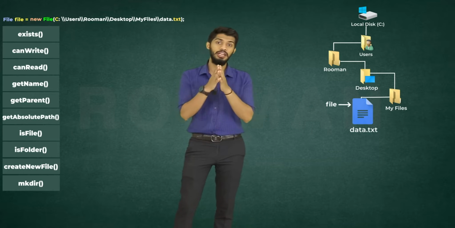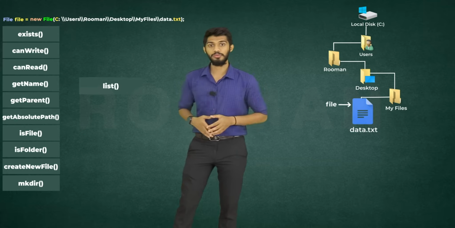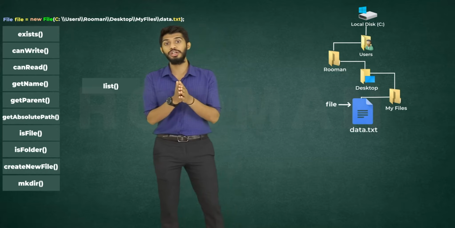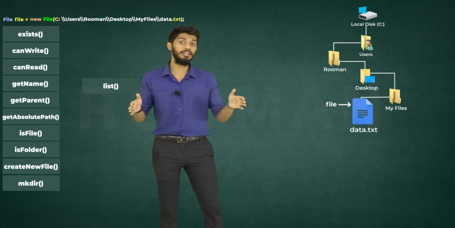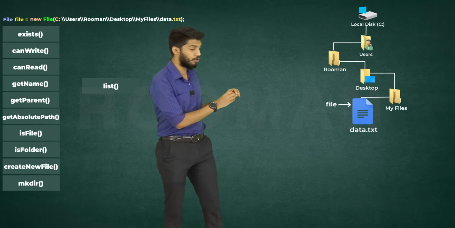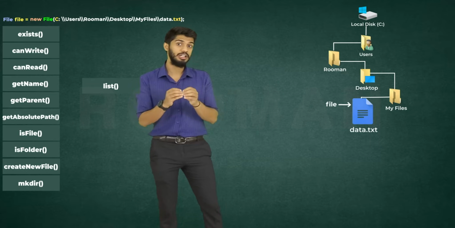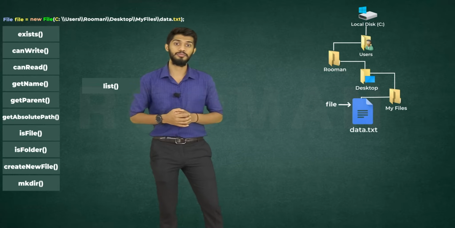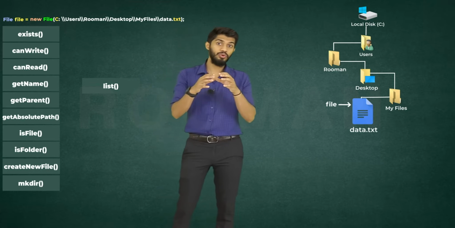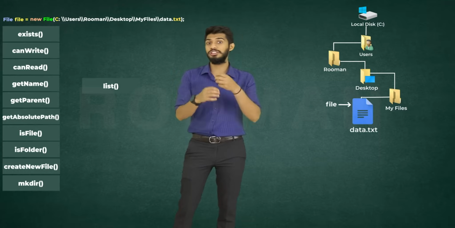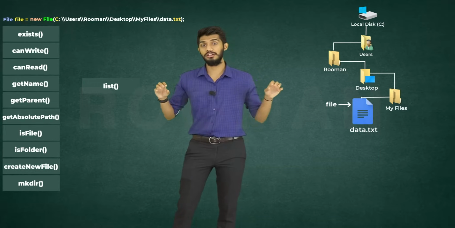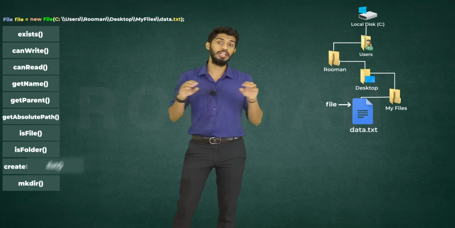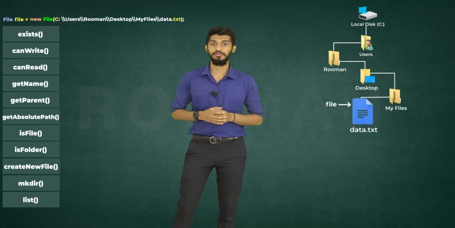The name of the method is list, and this method is going to return n number of strings, where n is equivalent to the number of files and directories present inside that particular directory. Now if you want to fetch that one by one, the list would have been stored in an array format where all the names would be present.